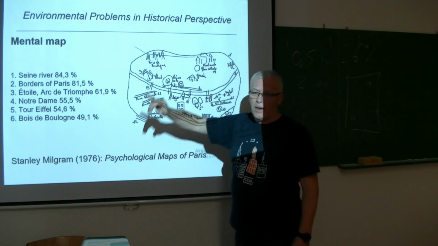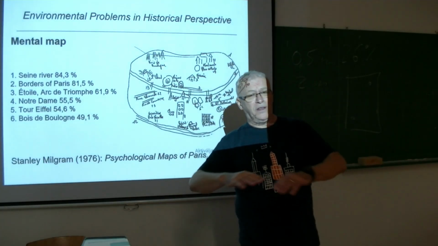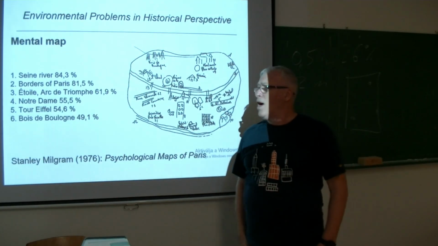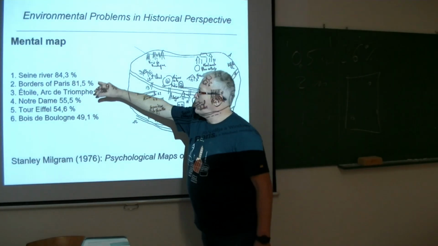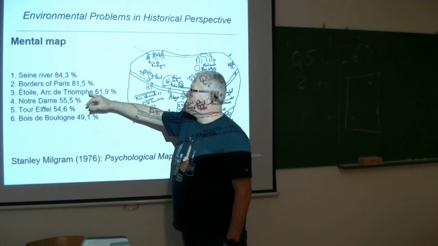the outskirts of Paris, because it's very expensive living in the downtown. Therefore, the inhabitants are living in the outskirts. And the third one, it's a jump a little bit lower. It's the Étoile, Arc de Triomphe.